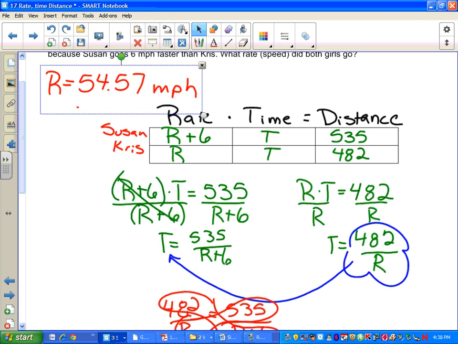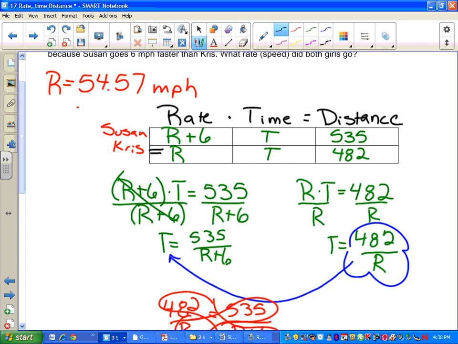So if our rate is, and that would be for Chris, because Chris's is R, Chris's rate is 54.57 miles per hour. Well, we know that Susan had to go 6 miles faster.